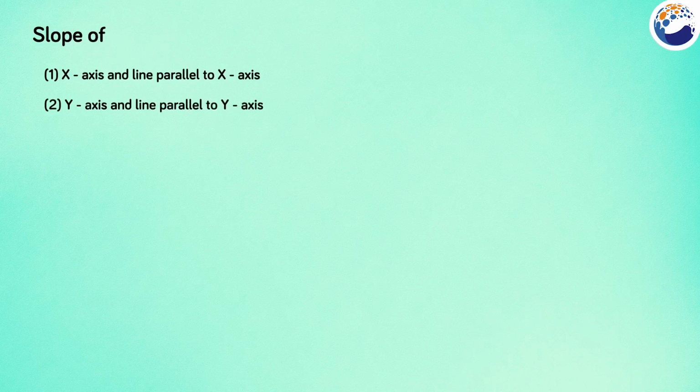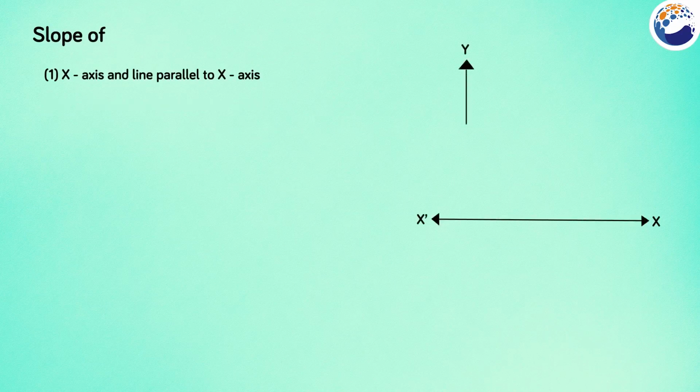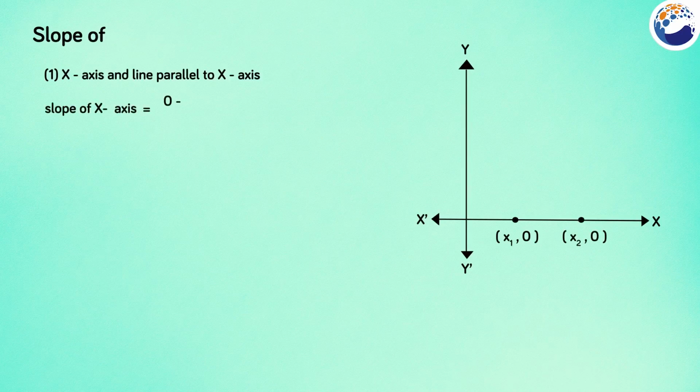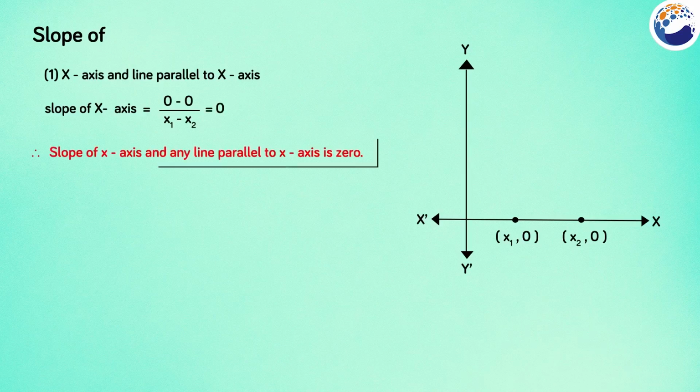First, we consider the slope of the x-axis and any line parallel to the x-axis. Take 2 points (x1, 0) and (x2, 0) on the x-axis. Slope of the x-axis is equal to (0 minus 0) upon (x2 minus x1), which is equal to 0. Therefore, the slope of the x-axis and any line parallel to it is 0.